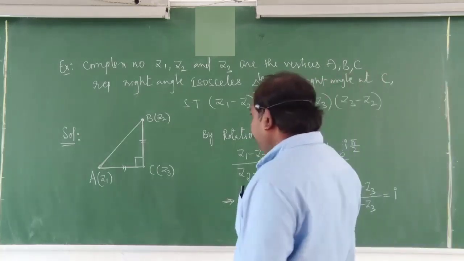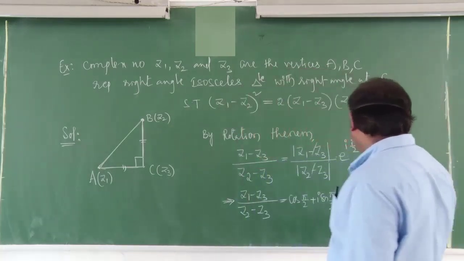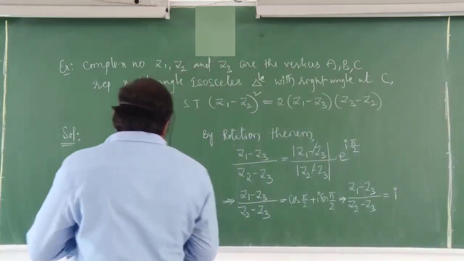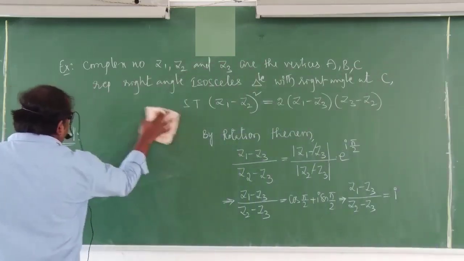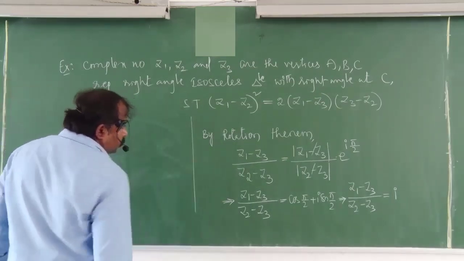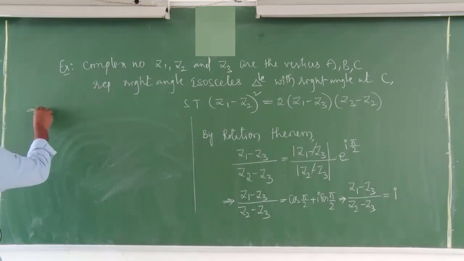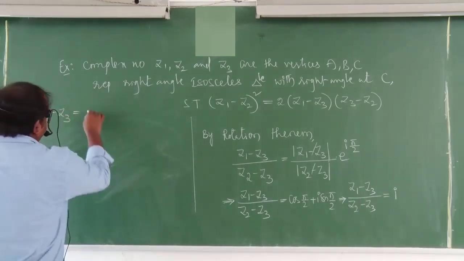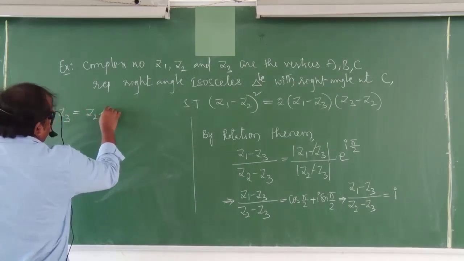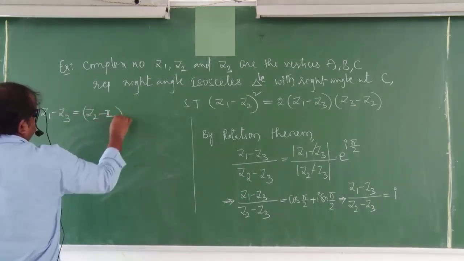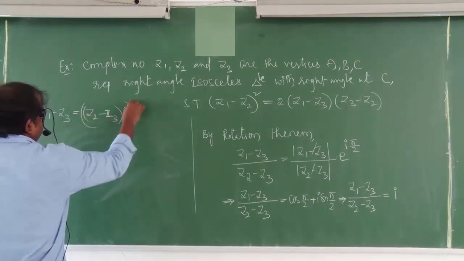After getting this, squaring on both sides, I get Z1 minus Z3 whole square equals Z2 minus Z3 whole square into iota square.